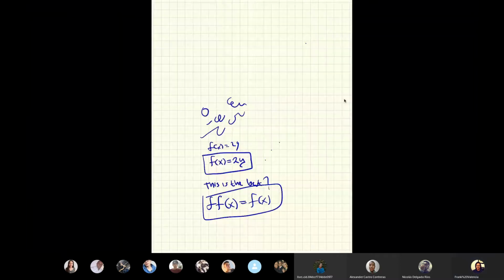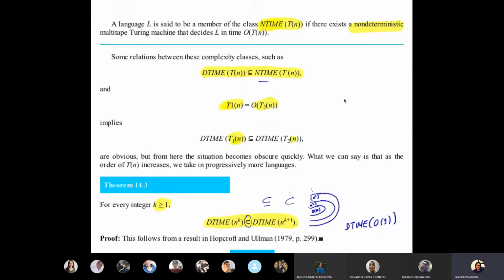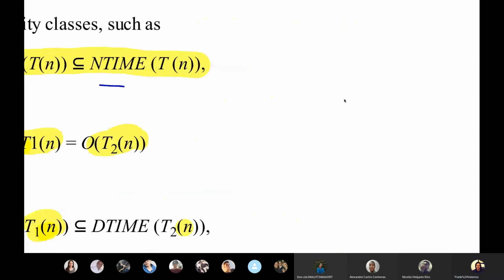For example, just to give you an example, we have the time n log n. We saw in class a language that can be decided by a deterministic machine in time n log n, right? And that language was this one, for example.